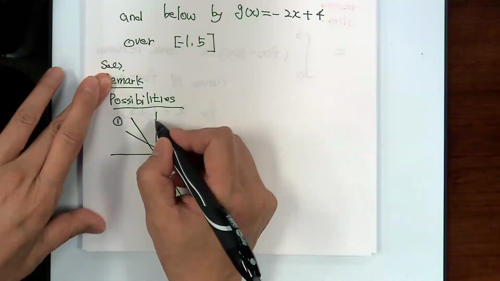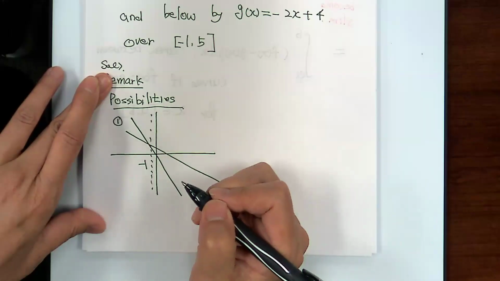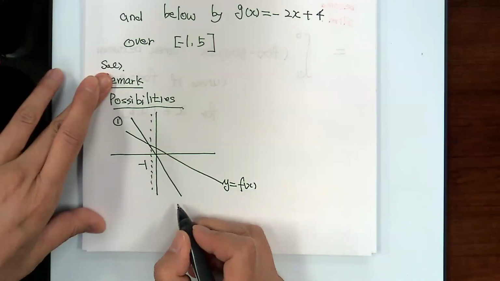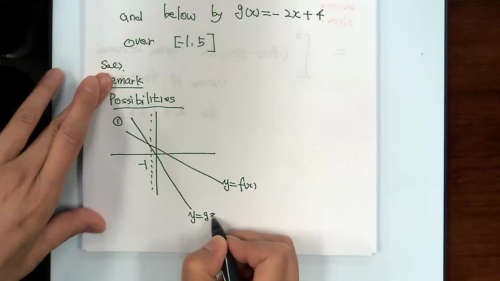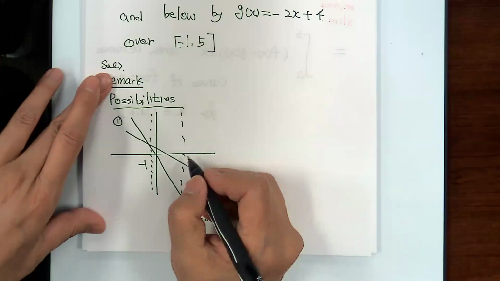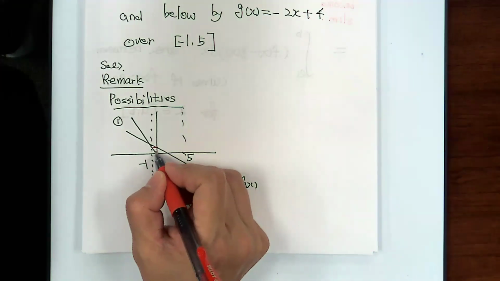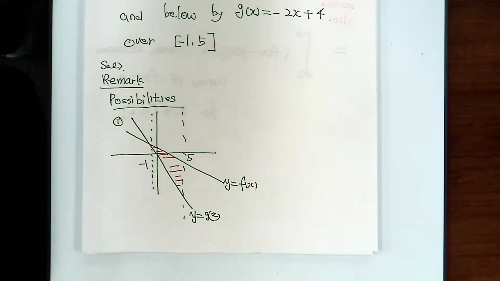Something like this, and minus 1 is here. This one is y equals f of x, this one is y equals g of x, and this is 5. Then what you realize is we can just integrate from minus 1 to 5 because f is always larger than g of x, right?